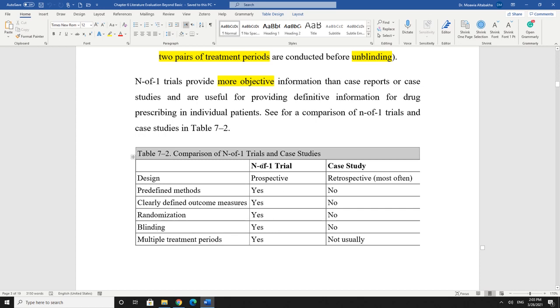Yes, we said in the N-of-1 trial, at least 2 pairs of treatment periods will be there. But in a case study, no, it's not usually that. You might, for example, give a certain treatment and see a certain adverse effect, and then you change the treatment and this adverse effect disappears. You might have something like that, but otherwise not usually there.